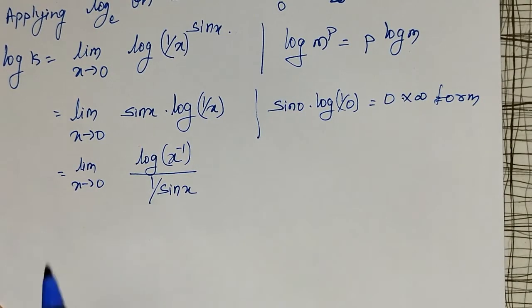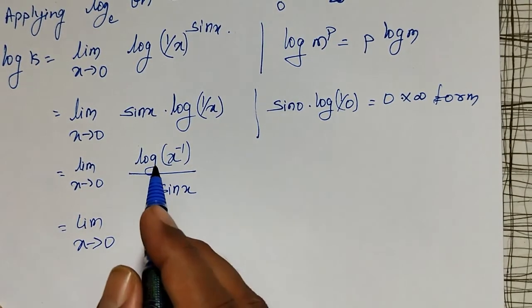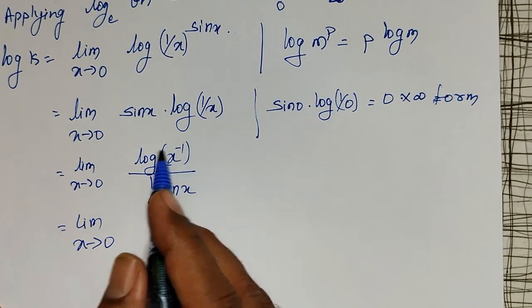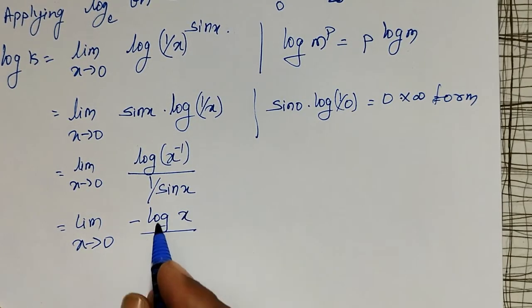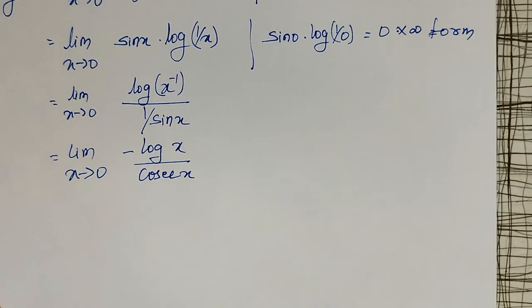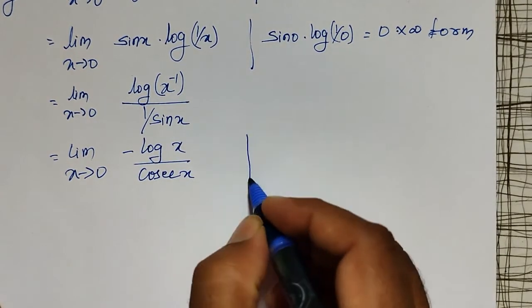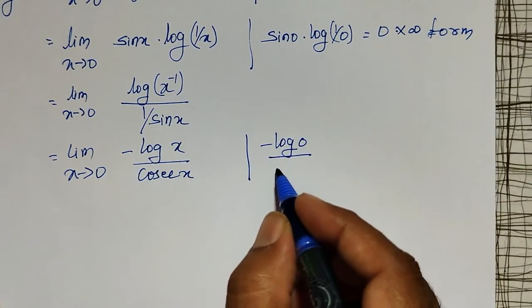Now I can write this as limit as x tends to 0, log x to the power minus 1, that minus 1 I can write as minus log x, whole divided by 1 by sin x, which is nothing but cosecant x. Now again check for x tends to 0 in which indeterminate form it is: minus log 0 divided by cosec 0.